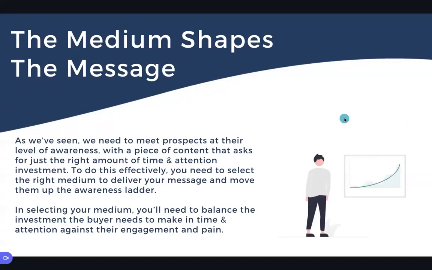So the medium shapes your message. What we basically need to do is work out, what is the level of awareness that we're targeting? Because we know that people at a lower level of awareness, maybe earlier on in the sales cycle, will be less likely to spend the time and attention they need to consume some of our lengthier content.